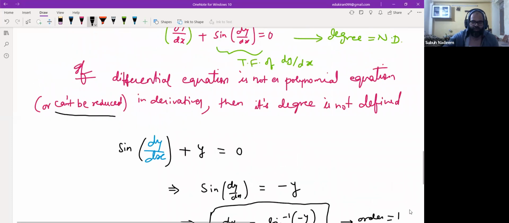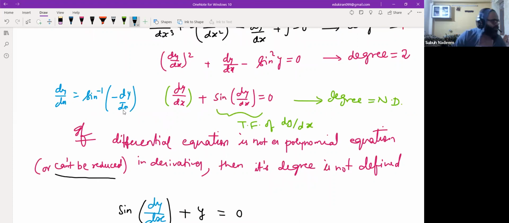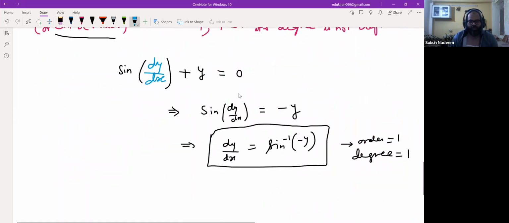In the above one, it was not possible, because if you take sine inverse, you get dy by dx is equal to sine inverse of minus dy by dx. Same issue again. The derivative is not a polynomial function. So you have to see whether you can reduce it or not. Here you cannot reduce it, so its degree is not defined, but here degree will be defined. Is it okay? Yes, sir.